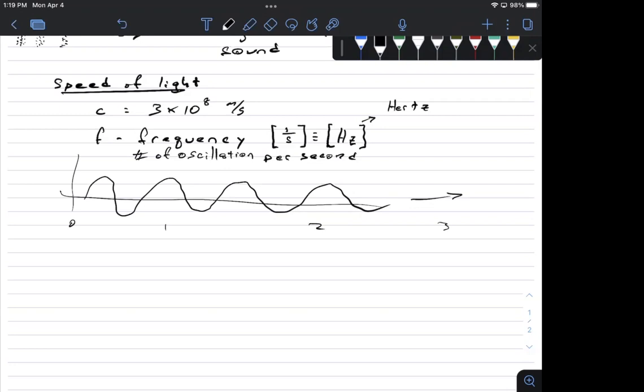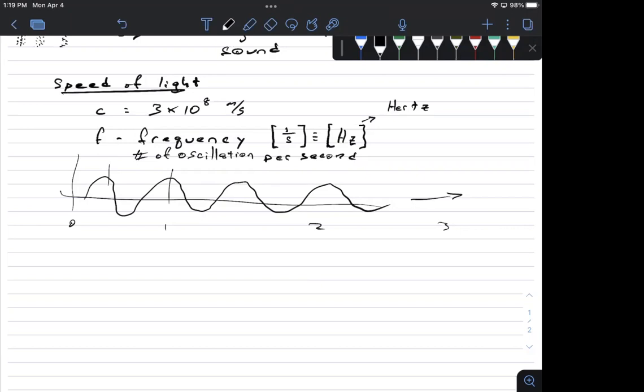And you say, okay, this particular wave does 2 oscillations in 1 second, let's say. Well, then the frequency is 2 hertz. It does 2 oscillations per second. That's what frequency is.